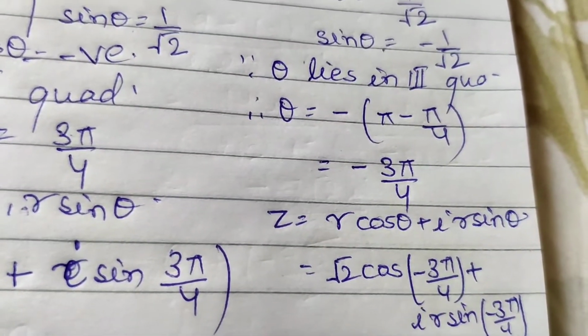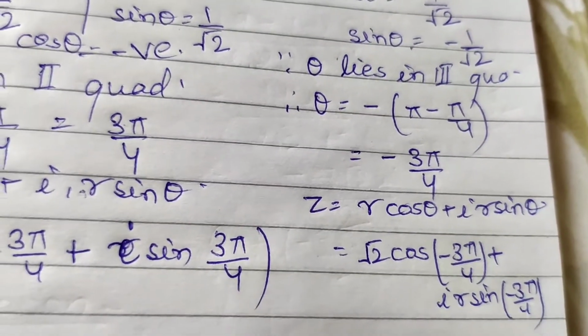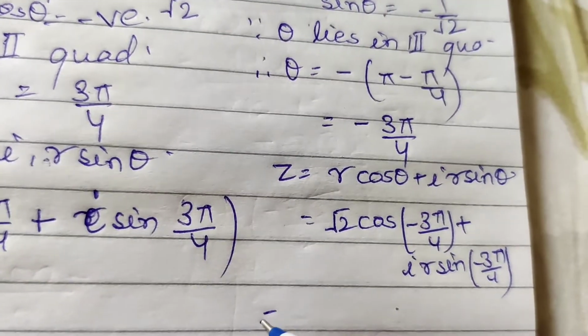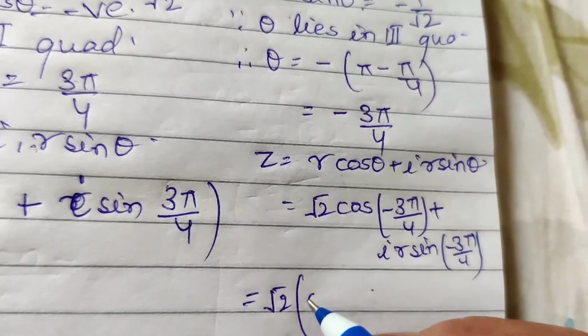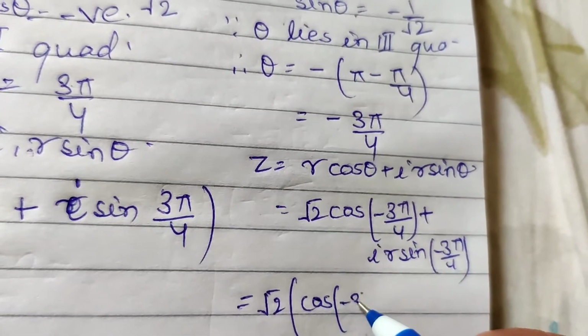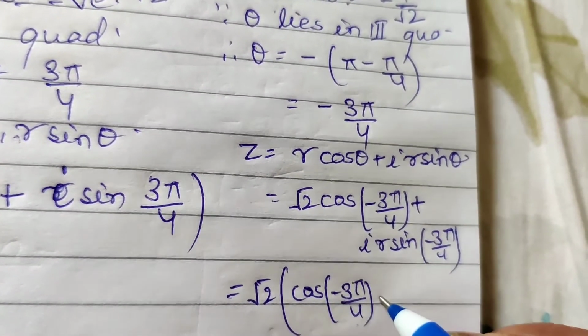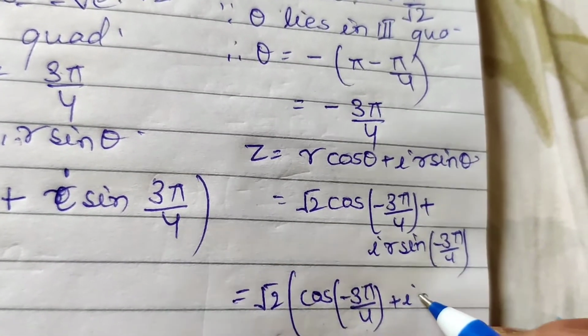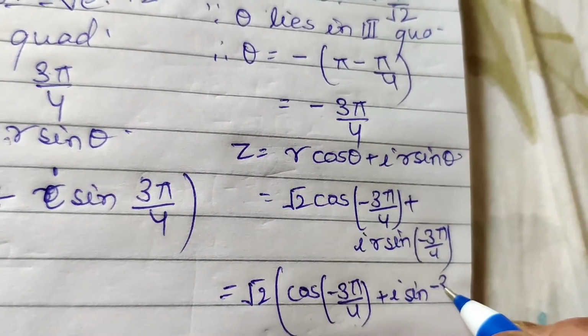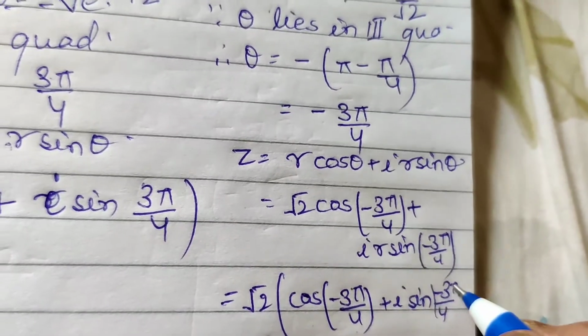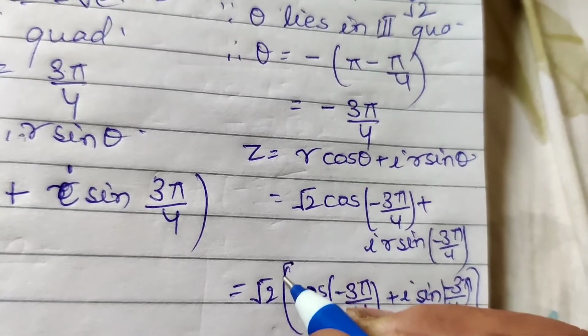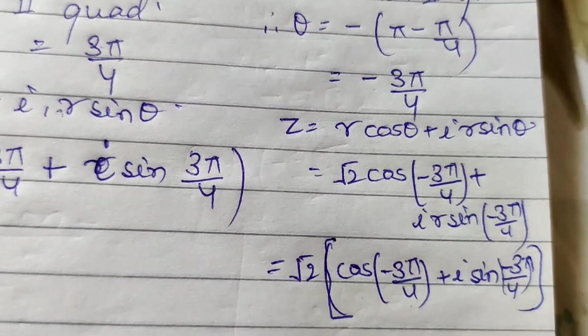Take root 2 common, it is equal to root 2 times cos minus 3 pi by 4 plus i sin minus 3 pi by 4. This is in the polar form.